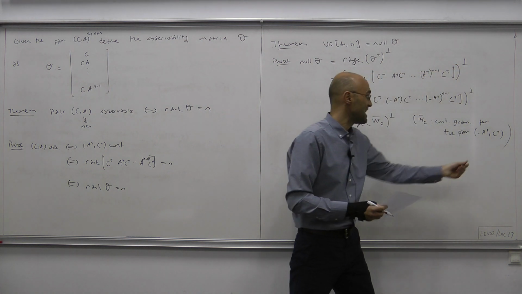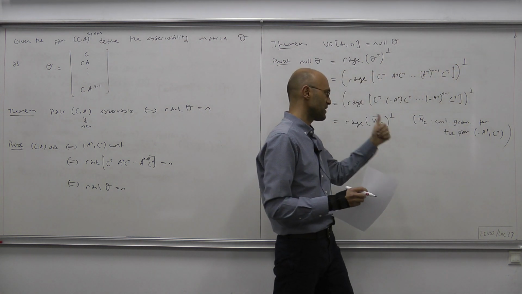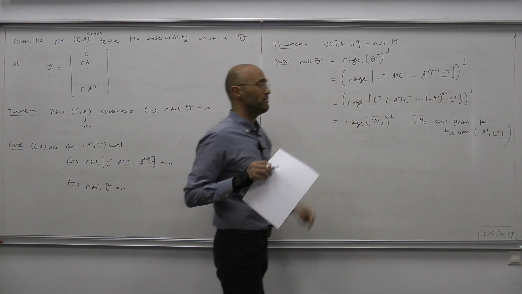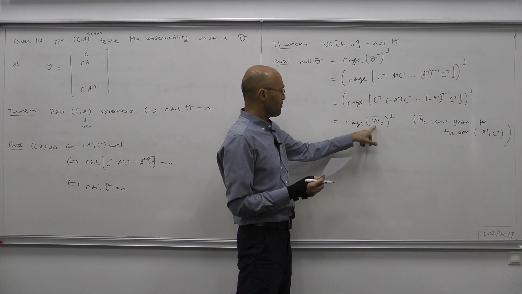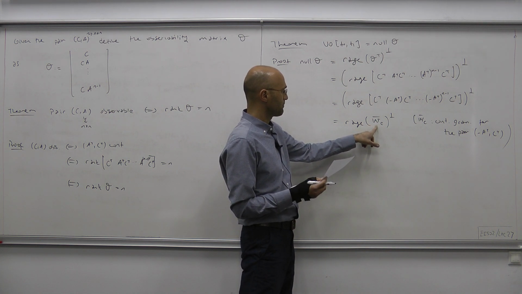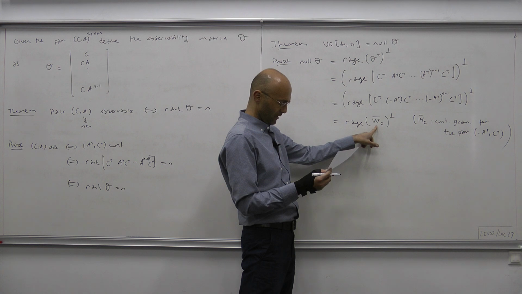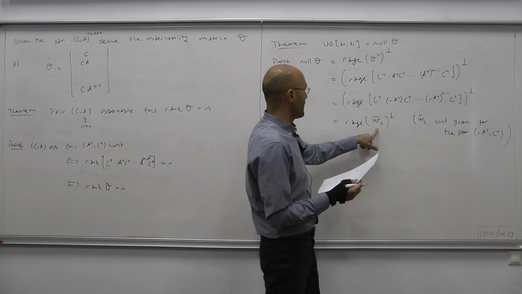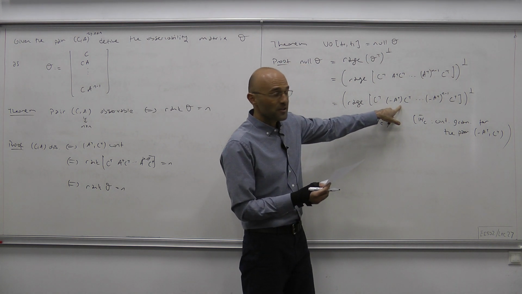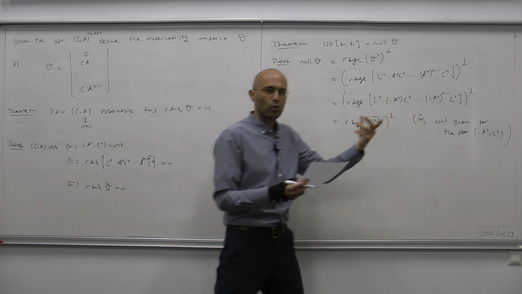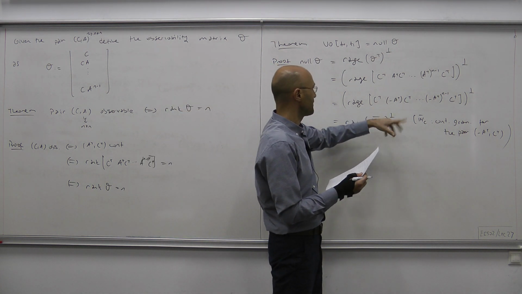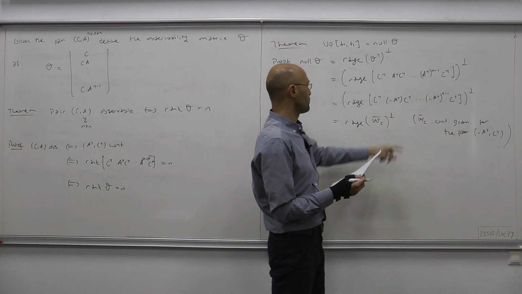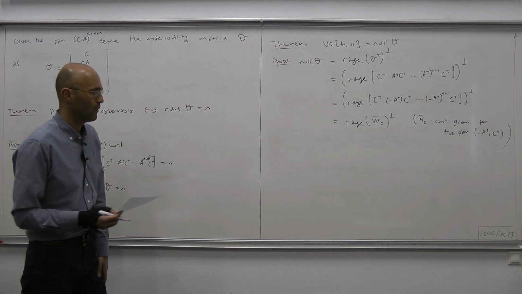So this was the A matrix of our second system, and C transpose was the B matrix of our second system. Now the range space of the controllability matrix of the second system is the same as the range space of the controllability Gramian, from an earlier result, so we move on to the next line.